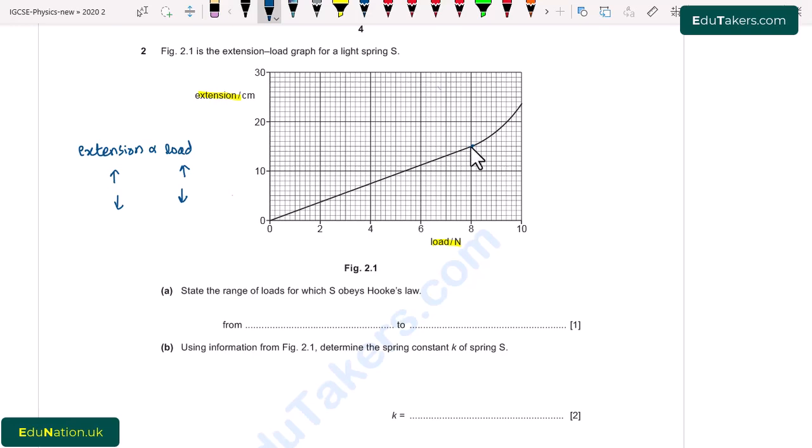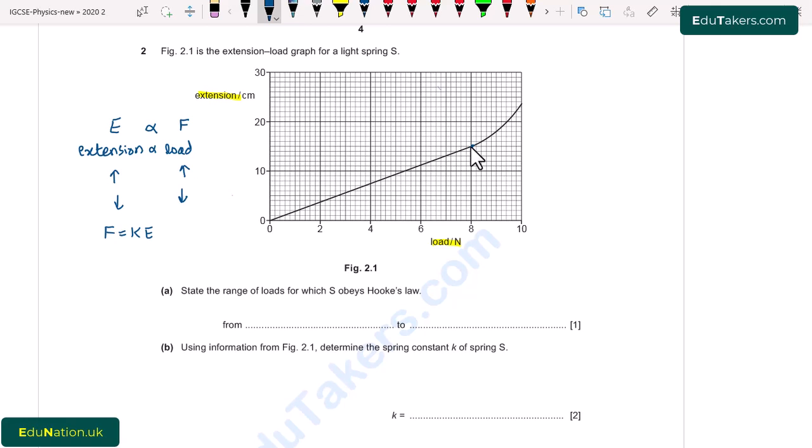It means that there is a direct relationship between the load and extension. Extension here is represented by e, and load I represent with F. So F is directly proportional to e, and according to Hooke's law, F is equal to ke, where k is the spring constant, e is the extension and F is the load.